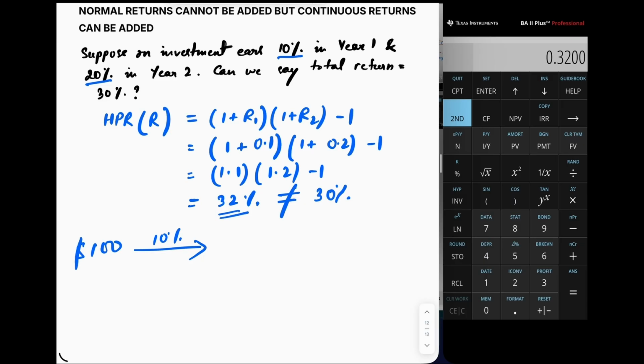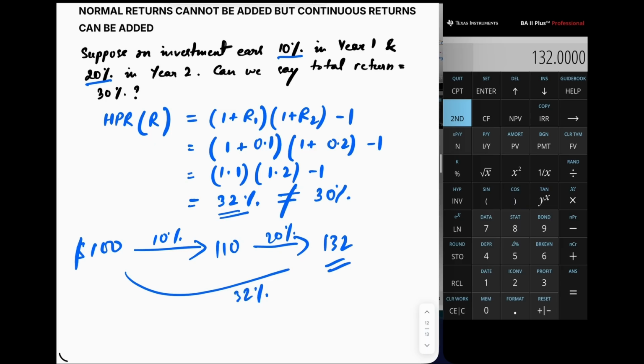So 100 becomes 110. And after the second year there is a 20% gain, so I just have to multiply it by 120%. It becomes 132. So the point is that if normal returns are given to you, you cannot add them.